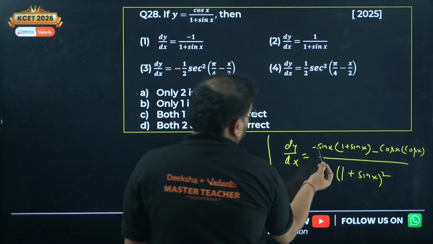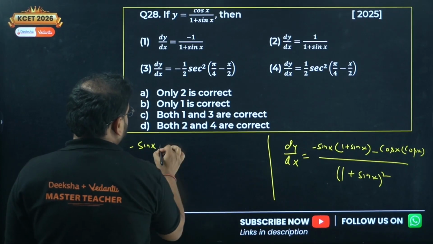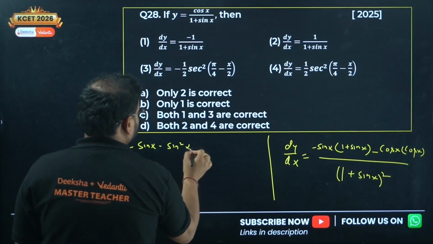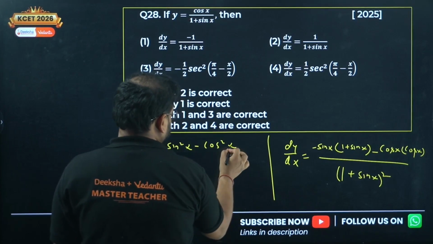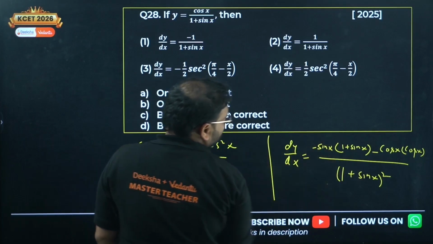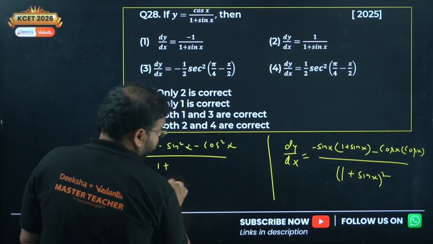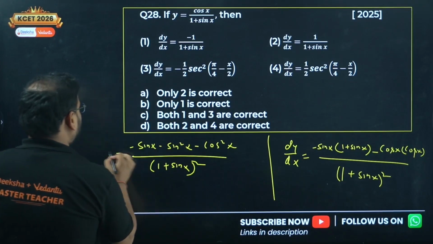Check this out. You'll have this as minus sine x minus sine square x minus cos square x divided by 1 plus sine x the whole square, and this is what?